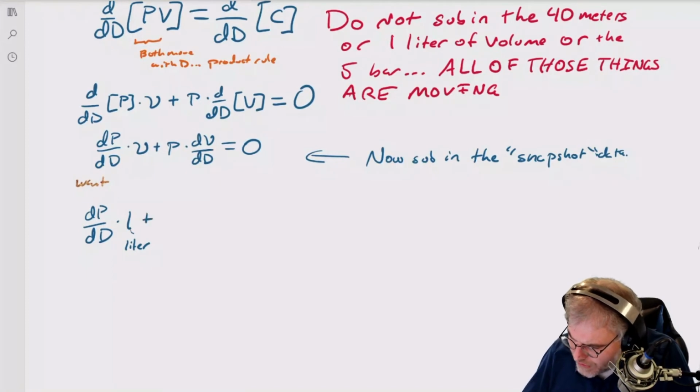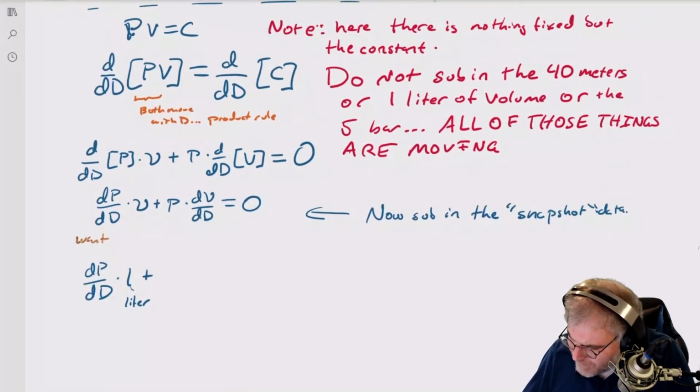Plus the pressure at 40 meters of depth, which is 5 bar, times the change in volume, which is corrected. So this is bar, times the change in volume with respect to depth, which is not volume. I'm sorry, the pressure with respect to depth.